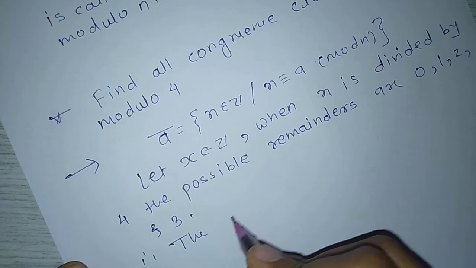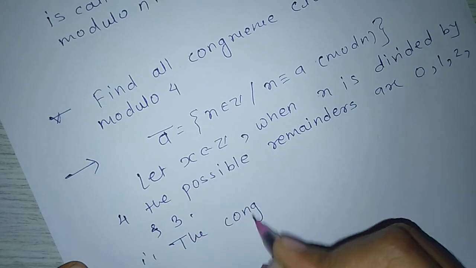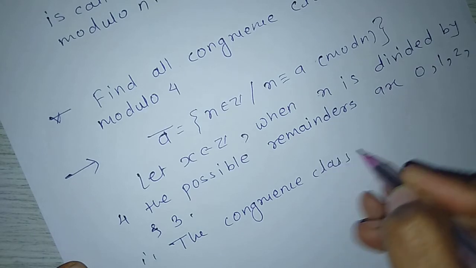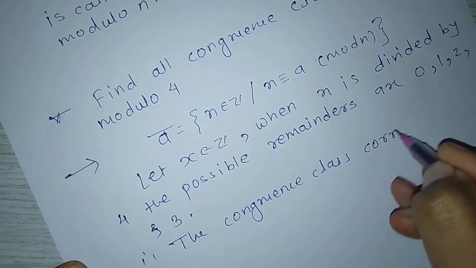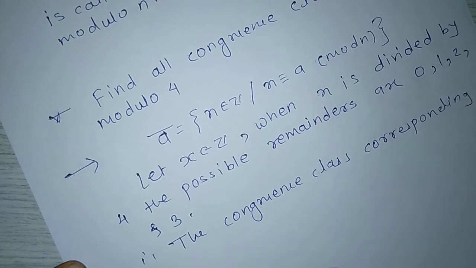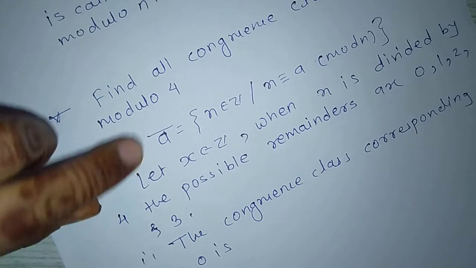Therefore, the congruence class corresponding to 0 is 0 bar.